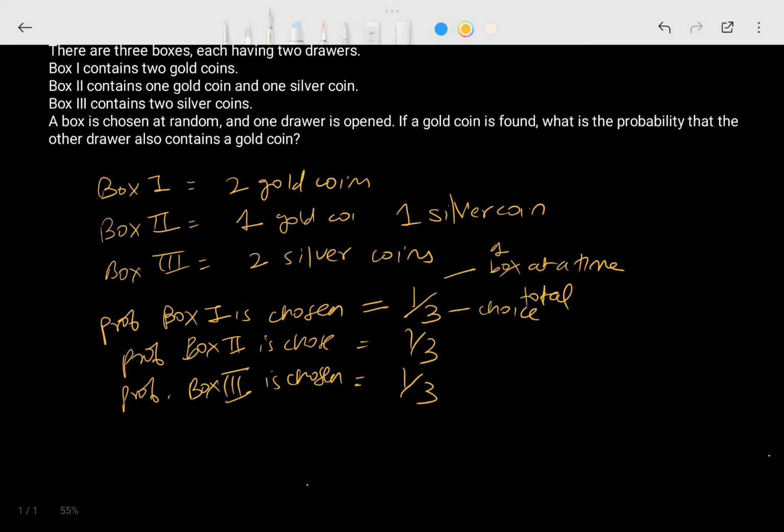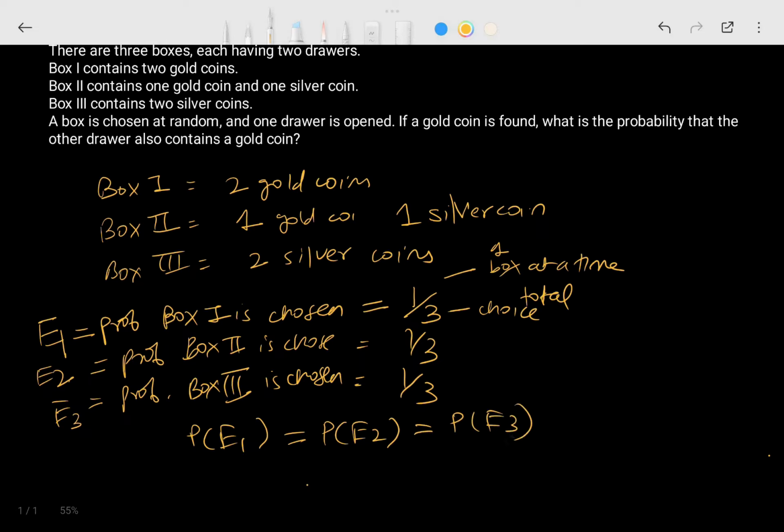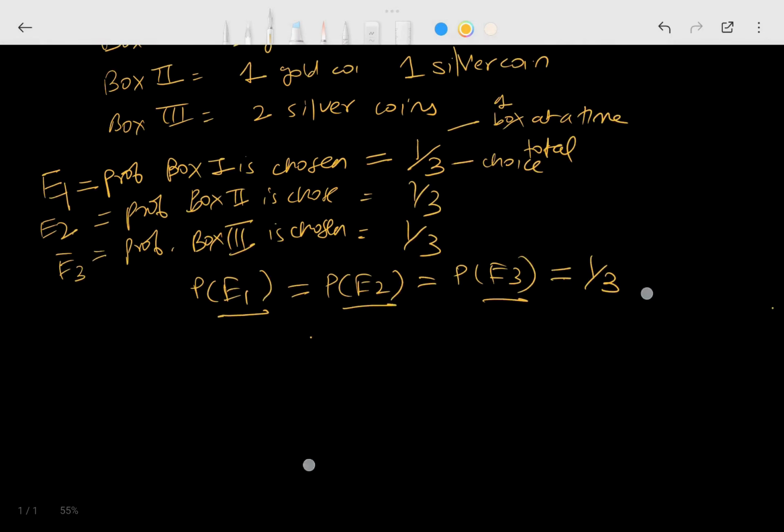So let's say the event of choosing box 1 is E1, the event of choosing box 2 is E2, and the event of choosing box 3 is E3. Now, we know that the probability of choosing E1 is equal to the probability of choosing E2, which is equal to the probability of choosing E3, since choosing box 1, box 2 or box 3 is identical, hence 1 by 3.